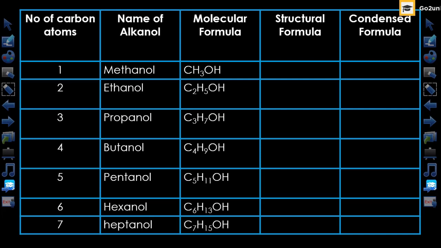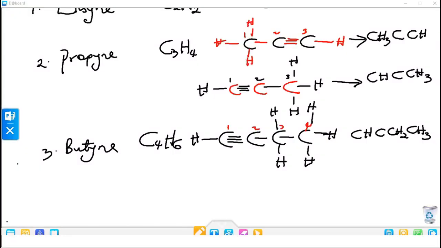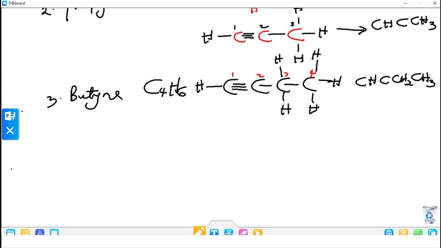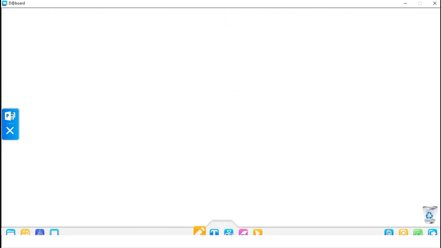So let's take a look one more time at how to write the molecular formula of this homologous family of alkanols. Let us proceed just as we've done before. Let us now take a look at that for alkanols.